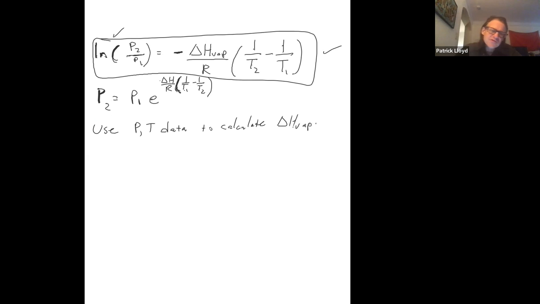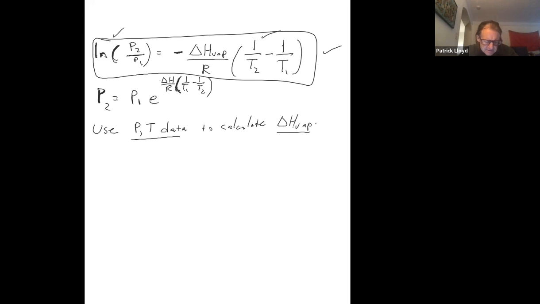This is a kind of analysis that's very common in the physical sciences, where we measure a mathematical relation, a physical relation, pressure and temperature in this case, and we use a graphical analysis to figure out a particular, what's called a parameter, a quantity. In this case, it's delta H of vaporization. So we're going to use PT data to calculate delta H vaporization using a form of this equation right here.